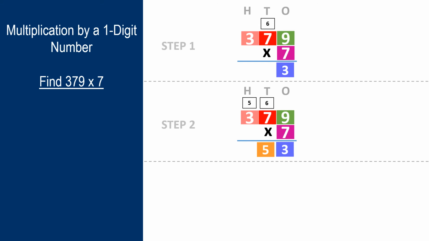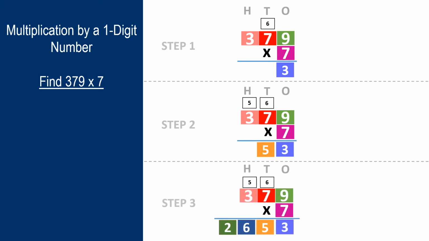Very nice. Now we are going to step number 3. In step number 3, we will multiply the hundreds. Since we have done the multiplication with ones and tens already, now we will do the multiplication with hundreds place, right? Which number is there at hundreds place? It is 3.